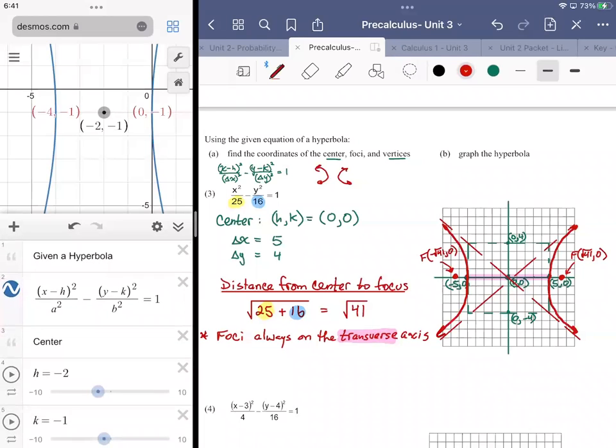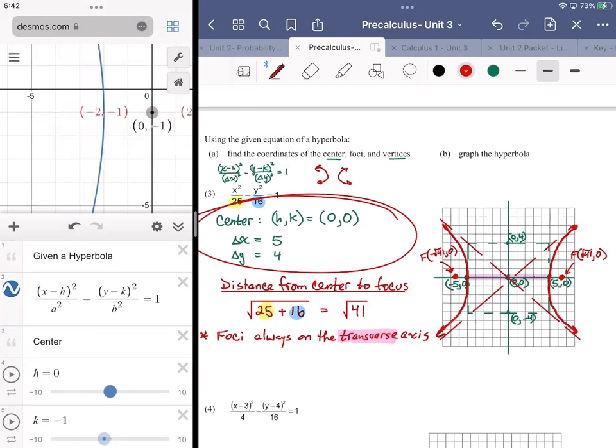All right. So first things first, we have a center at 0, 0. So you still need to figure out this information here: your center, your delta x, your delta y. I'm going to put my center at 0, 0.